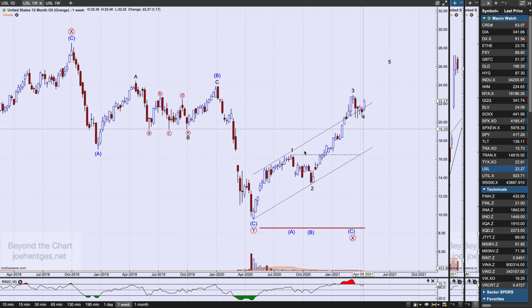We're outside of this channel here, and so I'm looking for this fifth wave to push up into 5 waves. Now, the thing about commodities is many times the fifth wave has a tendency to be the strongest wave of the 3 motive waves, 1, 3, and 5. So we'll see what happens. But that's the picture, watching to see. Looks like oil wants to continue to strengthen, at least short term.